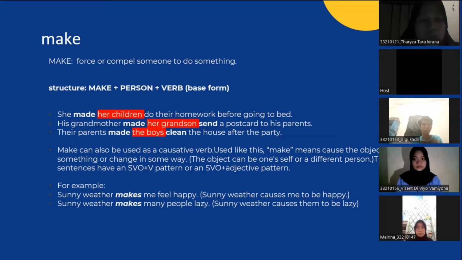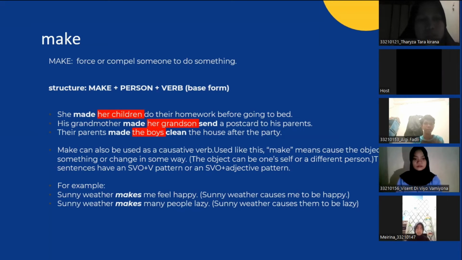Make can also be used as a causative verb like this. Make means cause the object to do something or change in some way. Or the object can be oneself or a different person. The sentence has a subject, verb, object, plus verb pattern, or subject, verb, object plus adjective pattern.